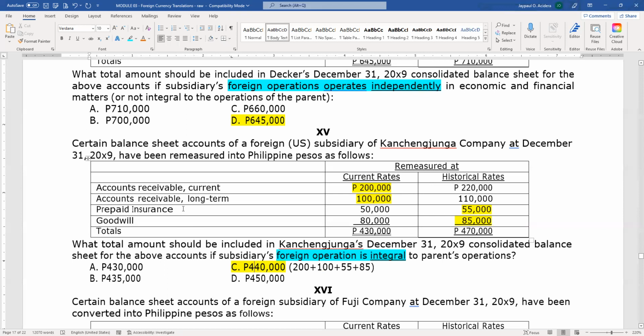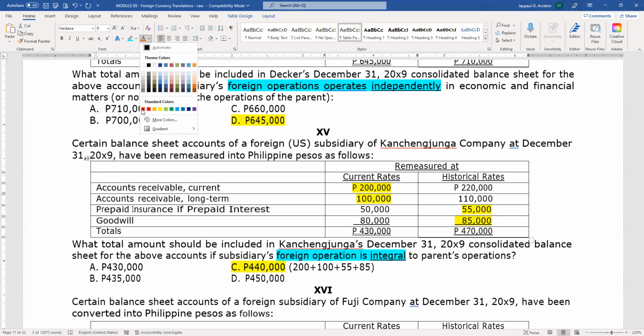Okay, so what if? Paano kung sinabi dito, if prepaid interest, mag-iba ba yung sagot? Okay, kung naalala nyo, di ba, kinulay red ko siya kanina because that is like a special exception sa mga prepaid items. If prepaid interest class, we are going to use 50,000 or the current rate because prepaid interests are treated like monetary assets.